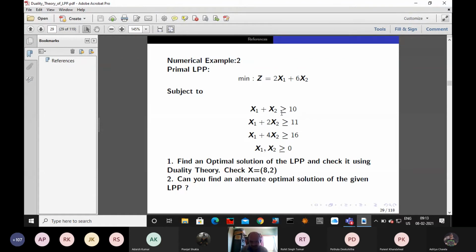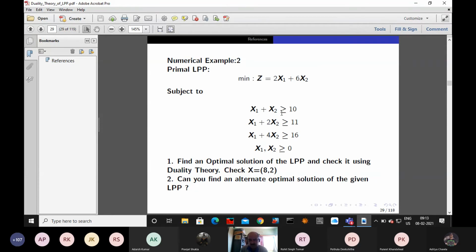The first constraint is y1 plus y2 plus y3 less than or equal to 2. Second one, y1 plus 2y2 plus 4y3 less than or equal to 6.